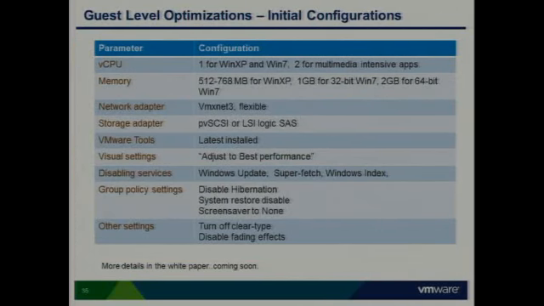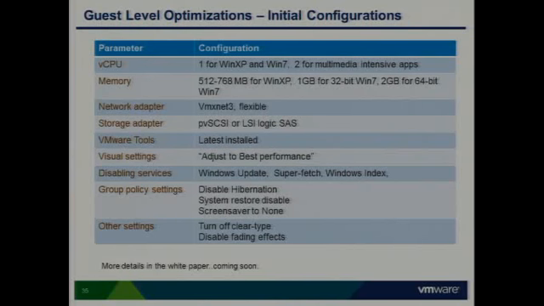Now that we have looked into PCoIP tunables, let's look at the tunings you need to do at the guest level. Again, vCPU and memory: this is the same experimental setup that I talked about, which we used for our analysis. One vCPU for XP and Windows 7, but if you are using multimedia or highly CPU-intensive apps, maybe you want to give 2 vCPU.